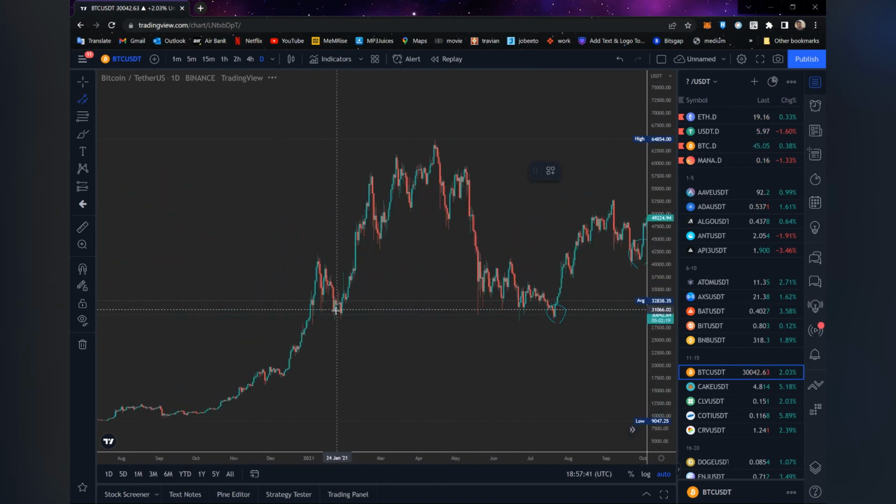For example, here. Yeah, it's working like this. We draw a channel for ourselves, from here to here, the downwards and upwards together.